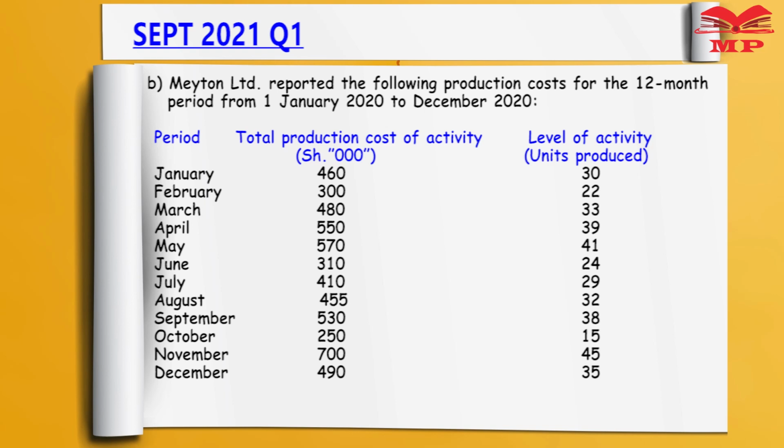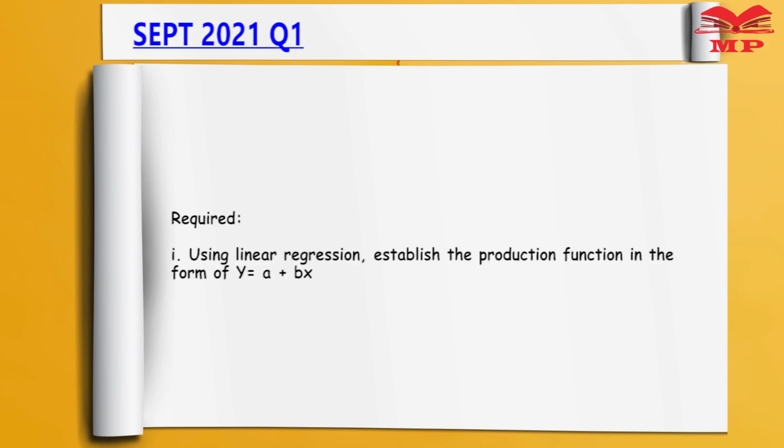We have total production cost, which is in shillings, and we have the level of activity in units produced. So the period is ranging from January to December, and then we've been given data on total production cost and the level of activity. We are required, part 1, using linear regression, establish the production function in the form of y equals a plus bx.